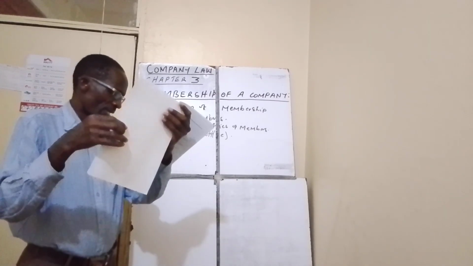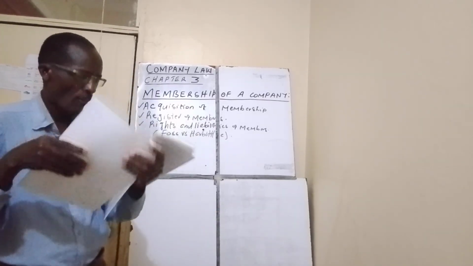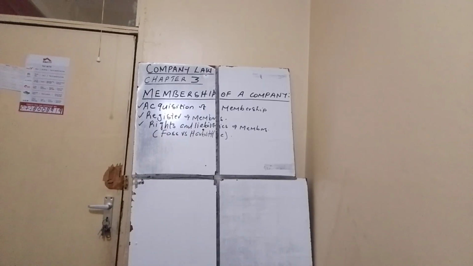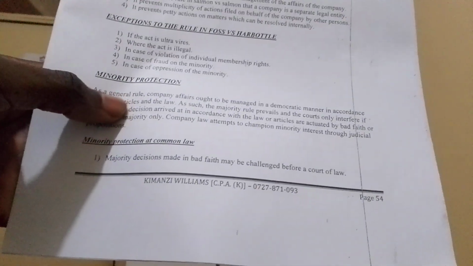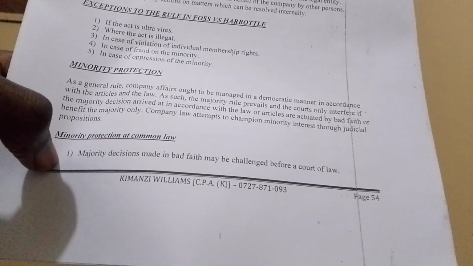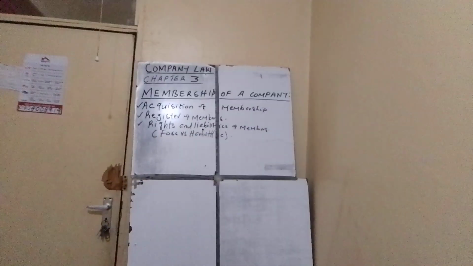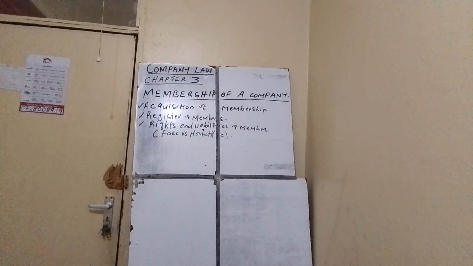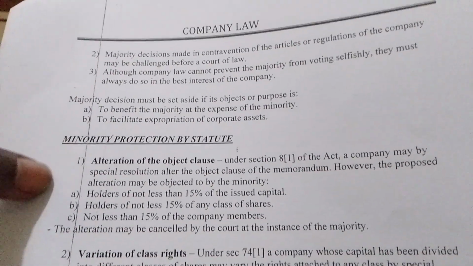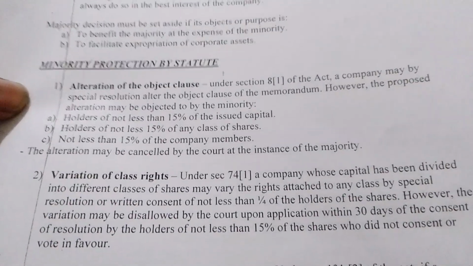So under the minority protection at common law, take this point here, minority protection at common law. We have 3 of them. 1 is there. Then we have number 2 and 3. Then you check minority protection by statute.